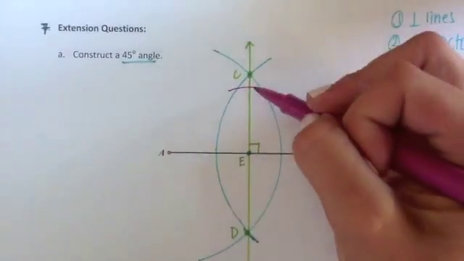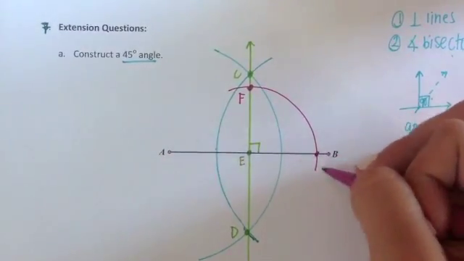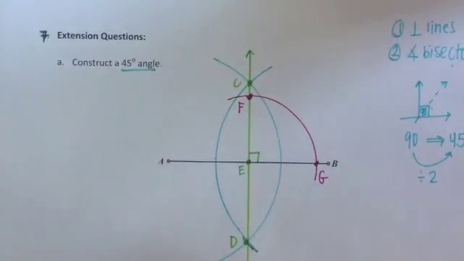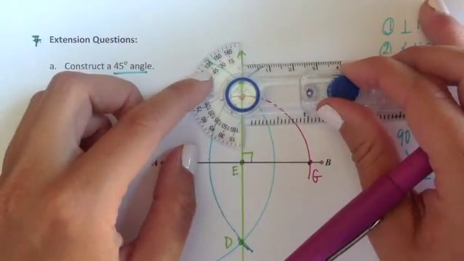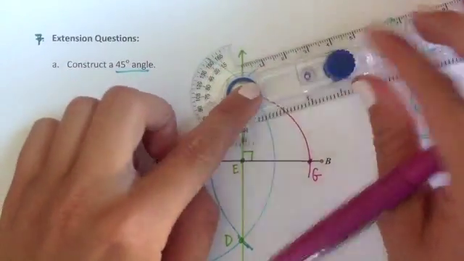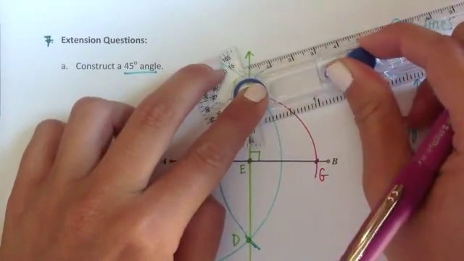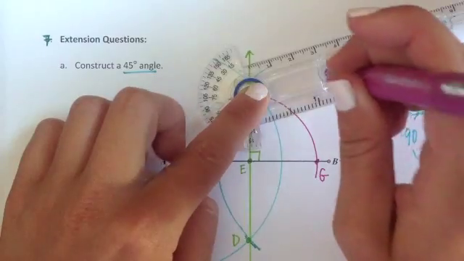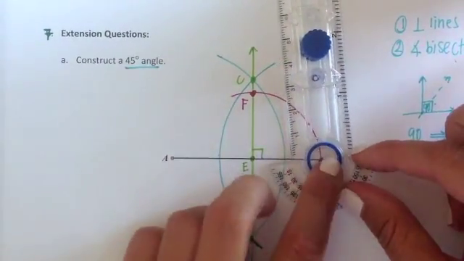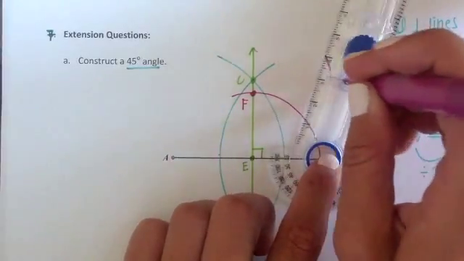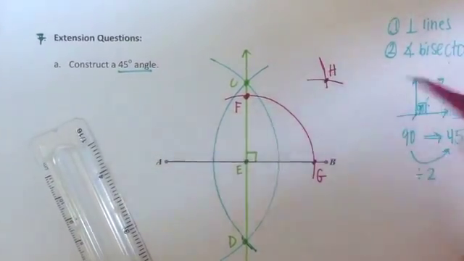Okay, so now I have F and G. Now that I have points F and G, I can put my center on one of them, open up my compass just a little, and swing a little baby arc. Put it on G, swing my baby arc, and now I have point H.